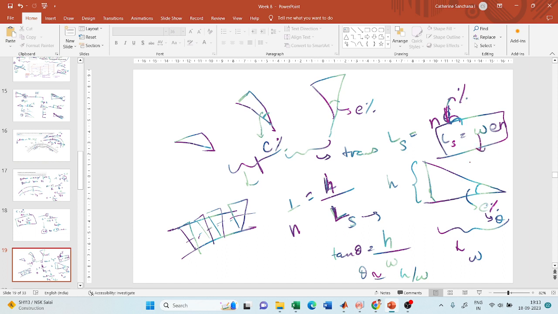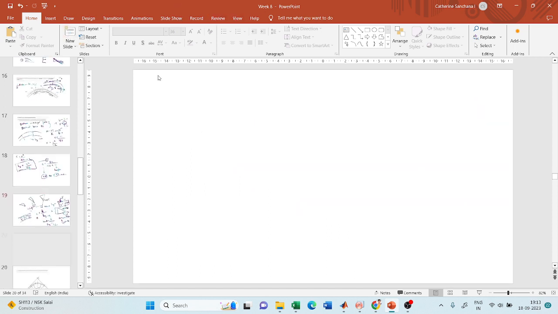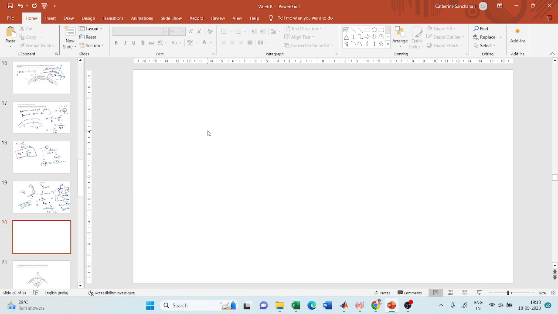Now instead of this W, it should be W plus We, because this entire width, including the extra widening, will be W plus We, right? And this is for rotating the pavement about the inner or outer edge.